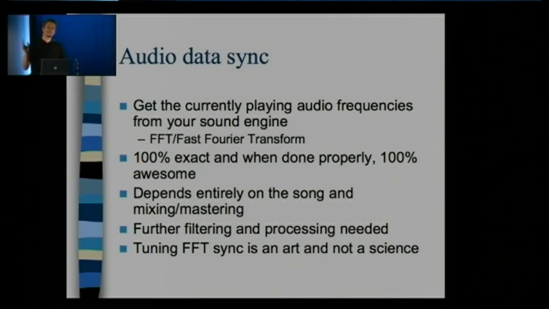Also with this kind of frequency synchronization, the frequencies in the tune usually change really fast. And you probably need to do some kind of signal processing on those, like filter it.